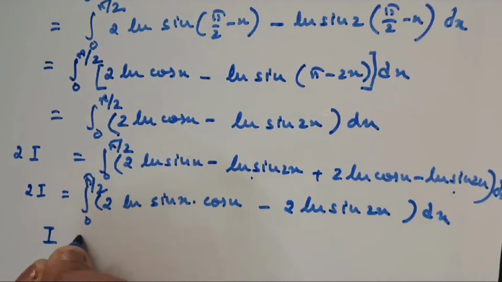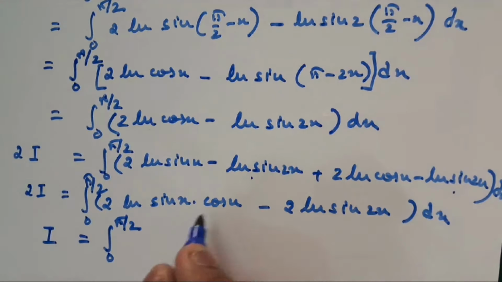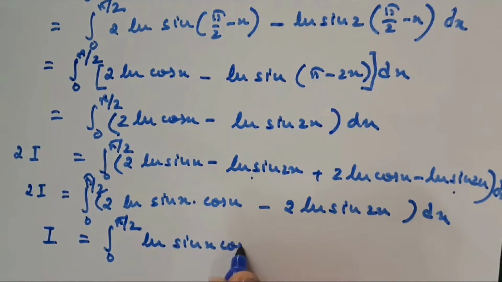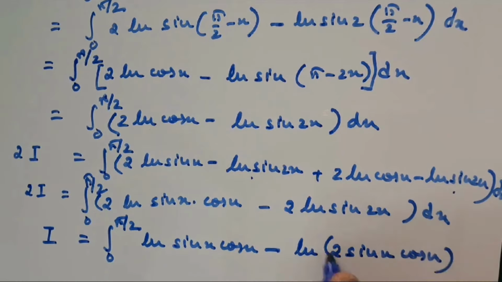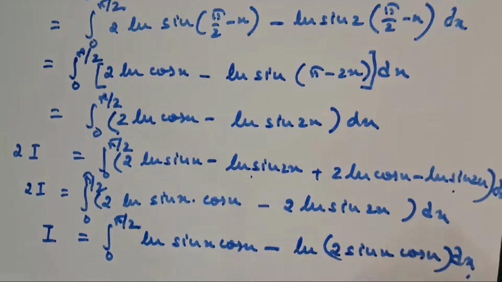Now here you can take this 2 common, and from this side the 2 both get cancelled. So you are getting I is equal to integration 0 to pi by 2 of ln of sin x cos x minus ln of sin 2x, which you can write as ln of 2 into sin x cos x dx.